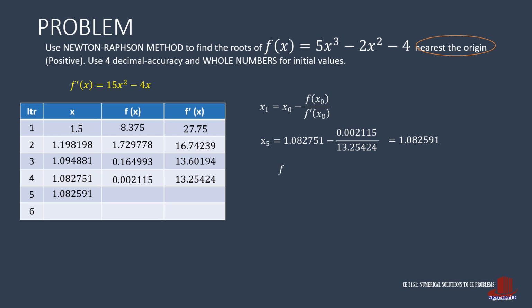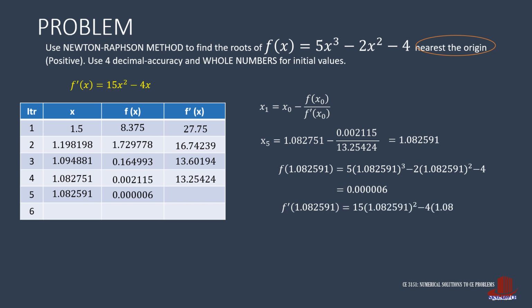This is the value to be plugged into the f of x function, giving 0.000006, and also into the f prime of x function, which results to 13.24969. Notice that f of x already surpassed the required accuracy of 4 decimal zeros, so the root is 1.082591.